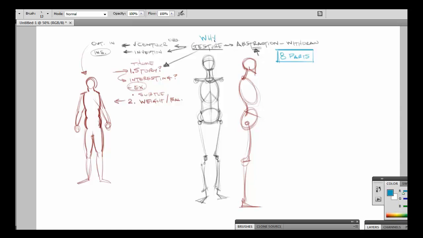So if we made this even more specific, this will be our why. Why are we drawing the figure? This will be our what. What is it exactly that we're drawing? And what we're still working towards is our how, which is this. How are we going to draw the figure?